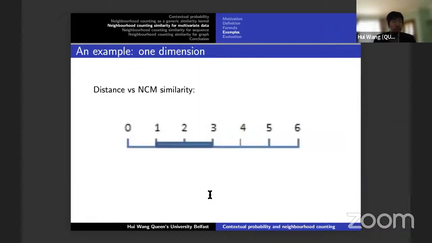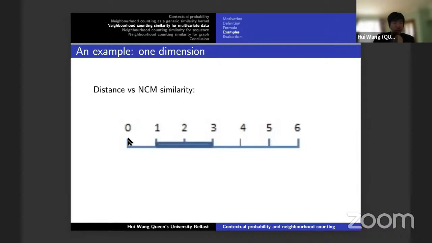So I'm going to illustrate how to calculate the NCM. Let's consider one dimension, so that is a numerical attribute, and the data points are 1 and 3. If we want to calculate the distance, then we subtract and calculate their difference, 3 minus 1. For the NCM similarity, we simply count the neighborhoods.